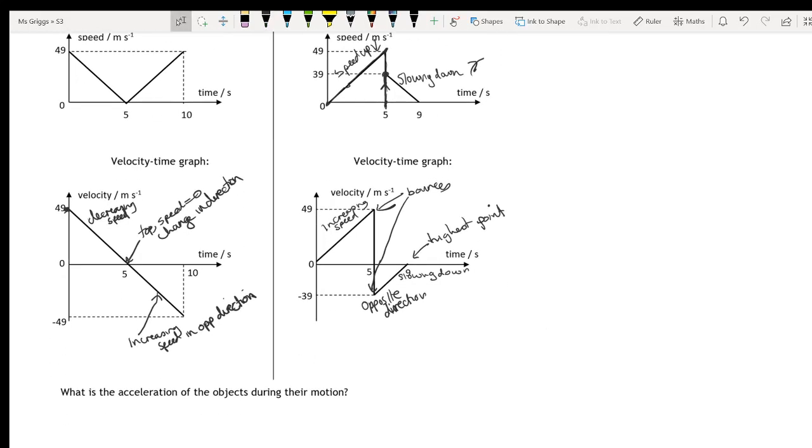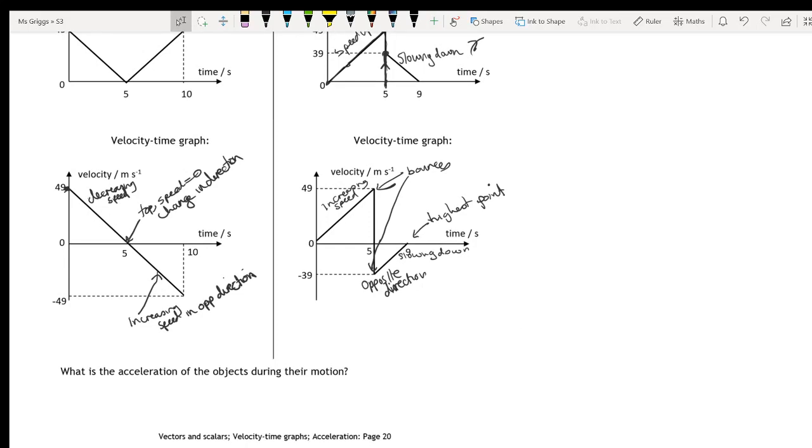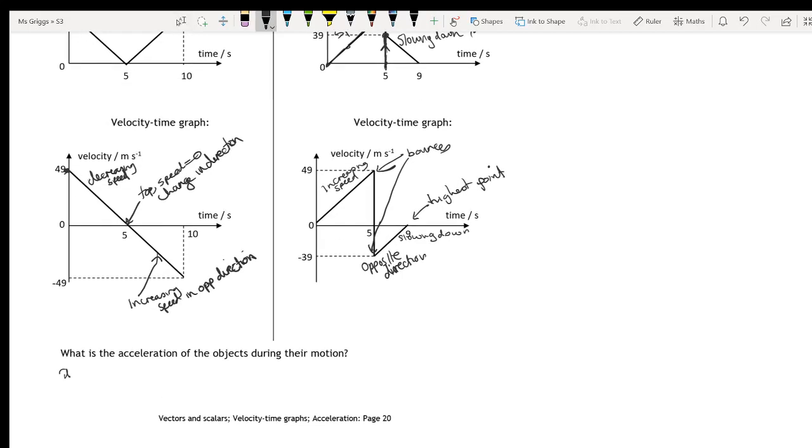So, what is the acceleration of the objects during their motion? Well, to find the acceleration of the objects, all you do is v minus u over t. So for A, a equals v minus u over t. If we look at this line here, the one that I'm colouring in blue right now, the final speed is minus 49.